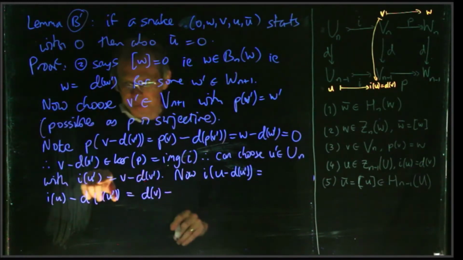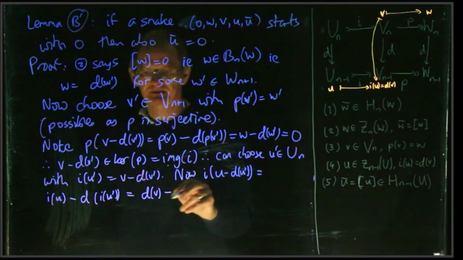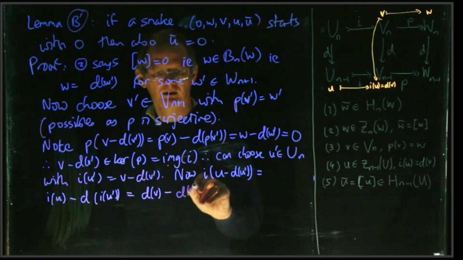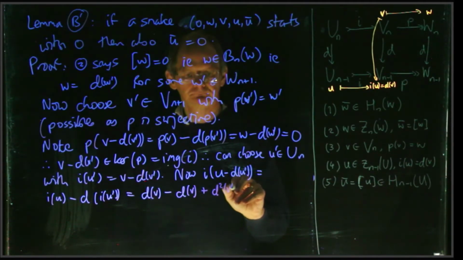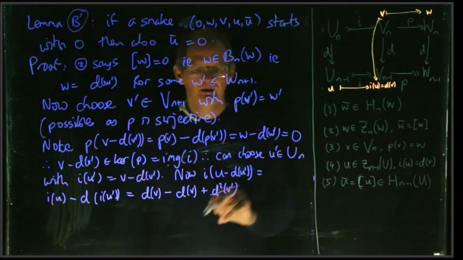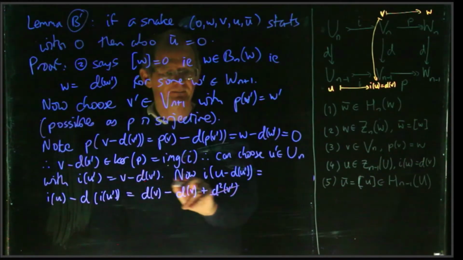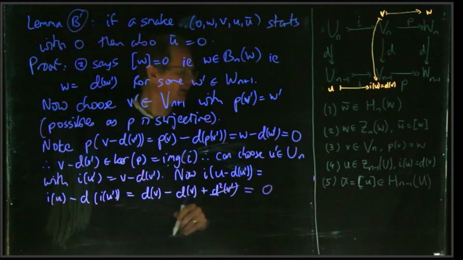And I of u prime is v minus dv prime, so that's dv, and then you've got a plus d squared v prime. Of course, d squared is 0, so this term is 0. And dv and dv prime are cancelling out. So that's equal to 0.